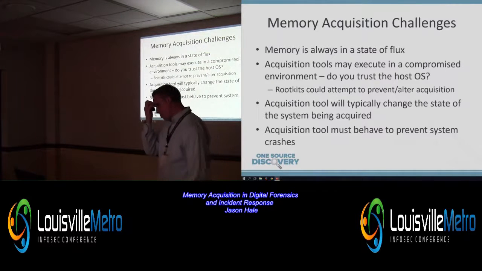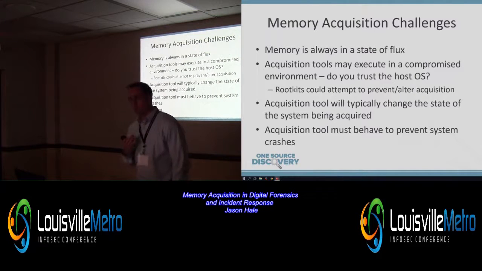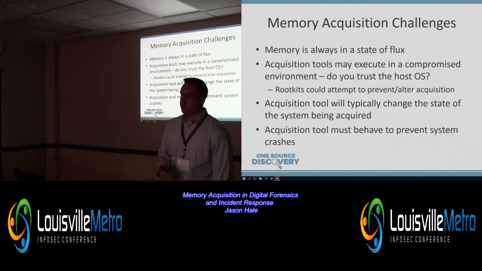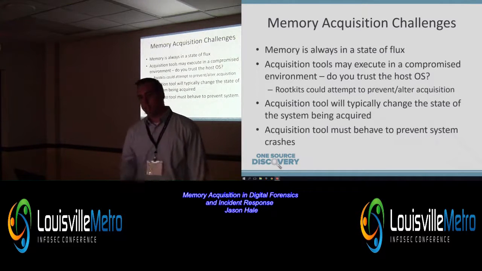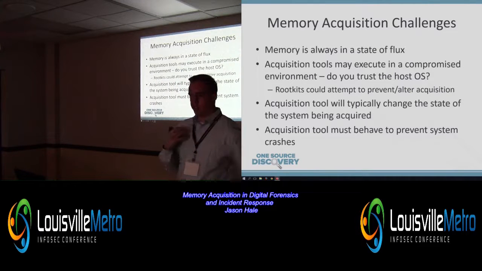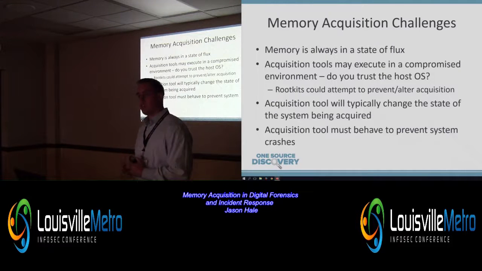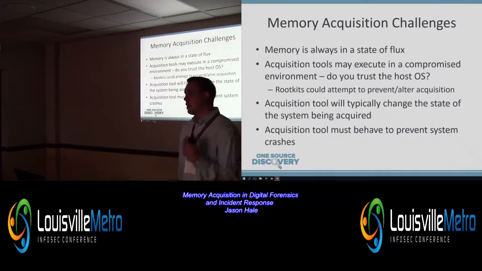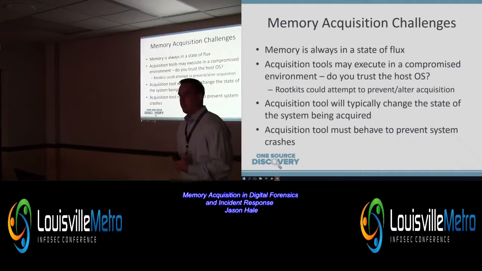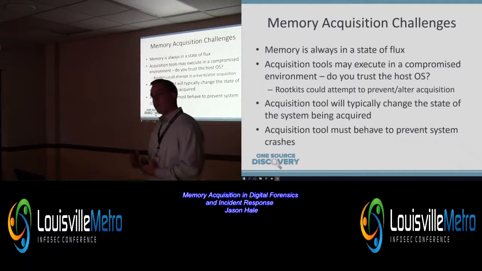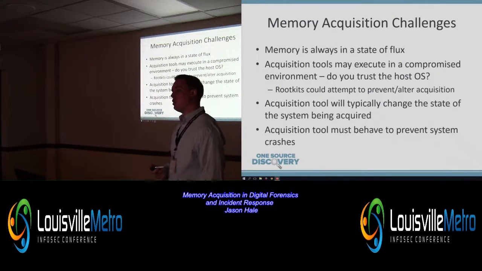And then finally, this is one that's not hit on as often, but I think is important. When we are doing this memory acquisition process, these tools are operating at a very low level. They're doing low-level functions. They're interacting with the kernel. They are communicating directly with the memory controller in some cases. The point being that these acquisition tools have to behave themselves. If they are poorly written, if they read from a certain area of memory they shouldn't be reading from, which we'll talk about, you can end up crashing the system.